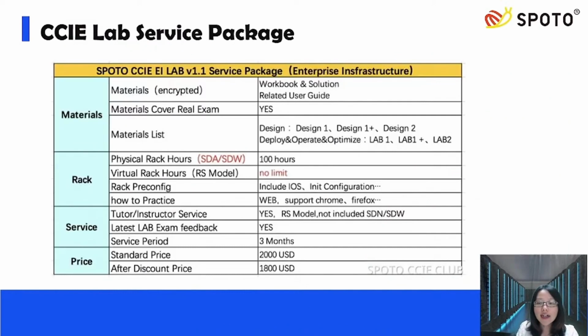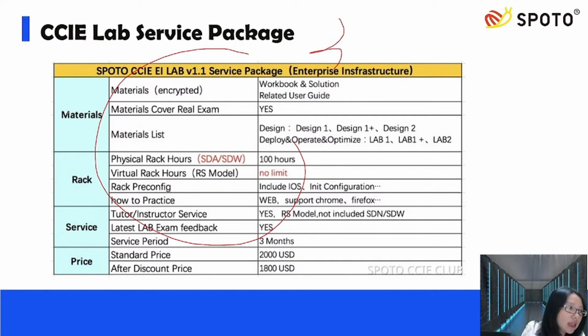Okay, so here is the CCIE EI Lab service package. You can take a look. We provide 3 months service time, so you will have enough time to practice, and it includes materials and the racks. It contains physical racks and virtual racks.